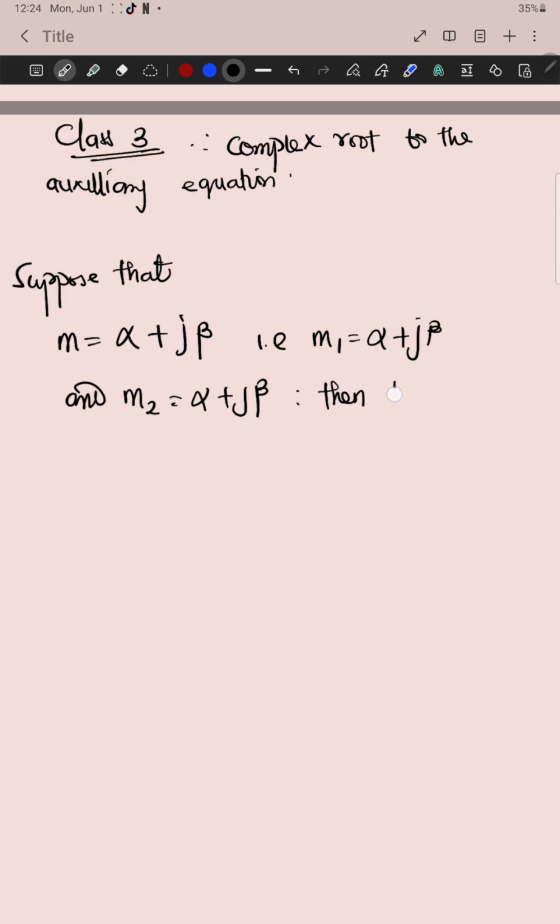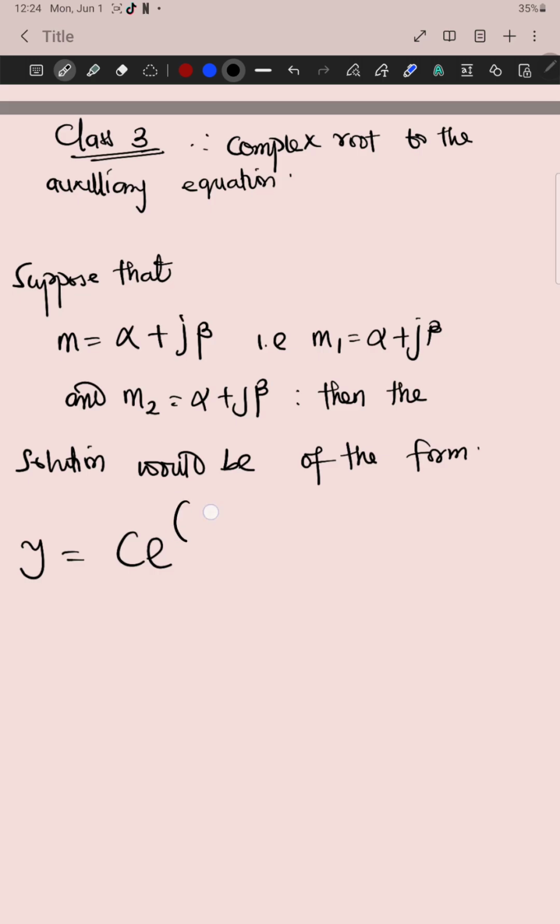Then the solution would be of the form y is equal to C e to the power of alpha plus j beta x, plus D e to the power of alpha minus j beta x. Did you see that?